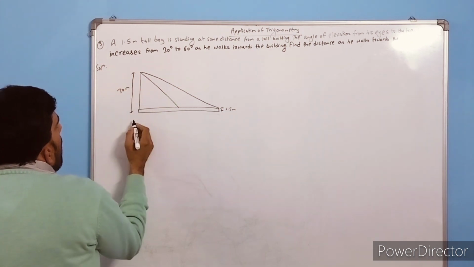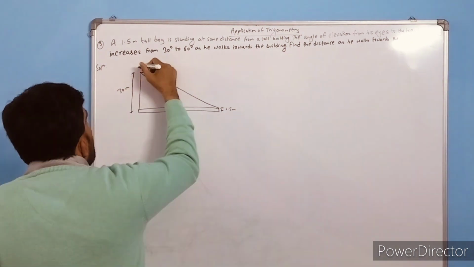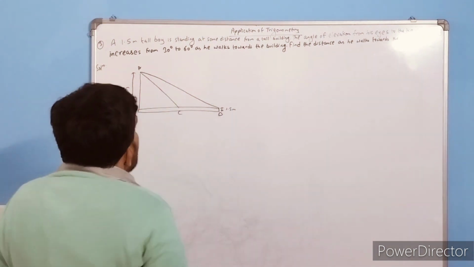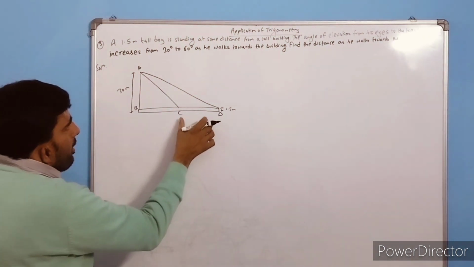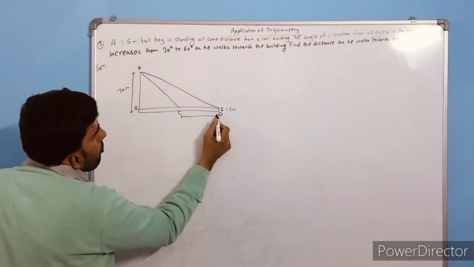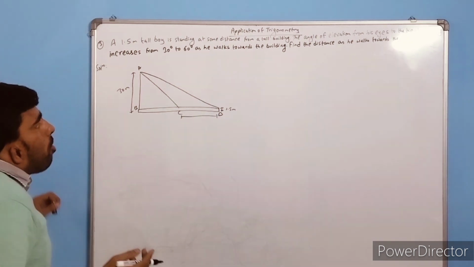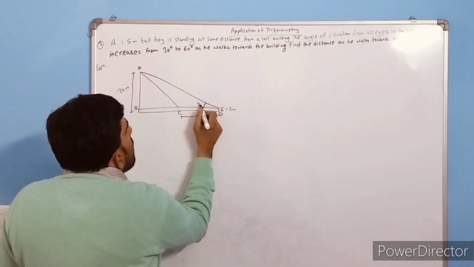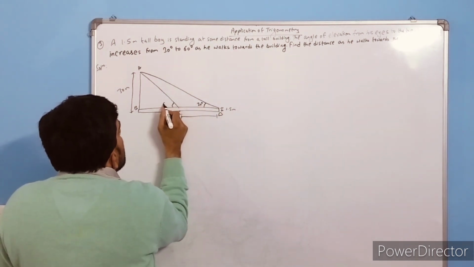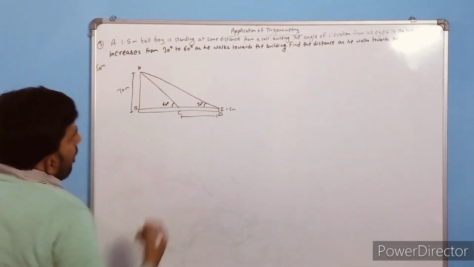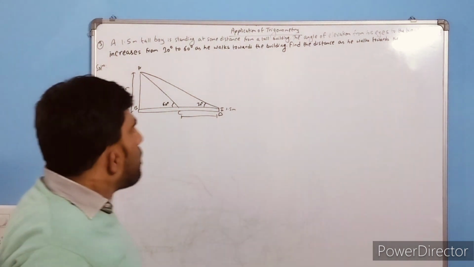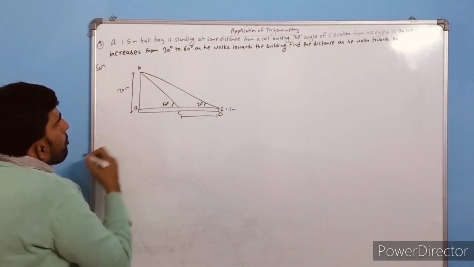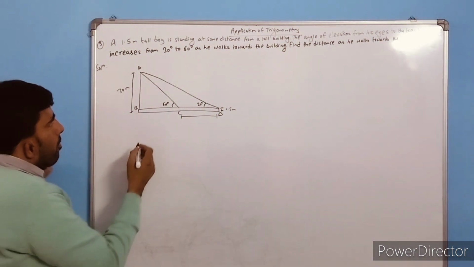What they are asking is we need to find this distance, as we walk towards the building, and the angle of elevation goes from 30 degree to 60 degree. Now let us see how we can solve this.